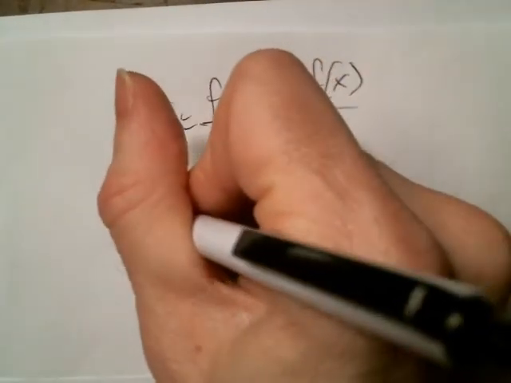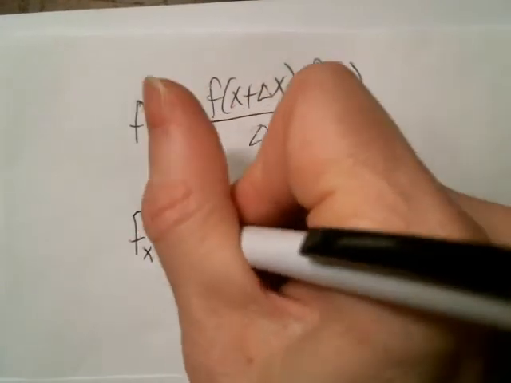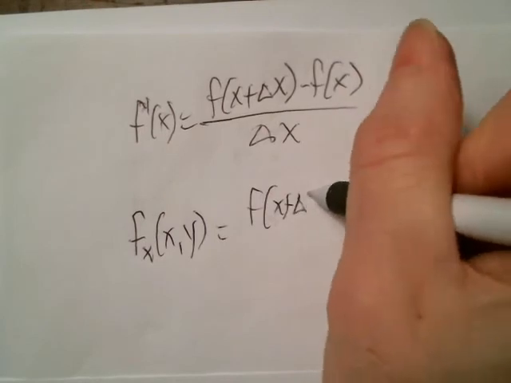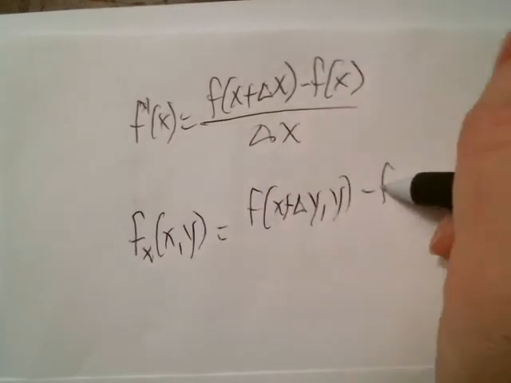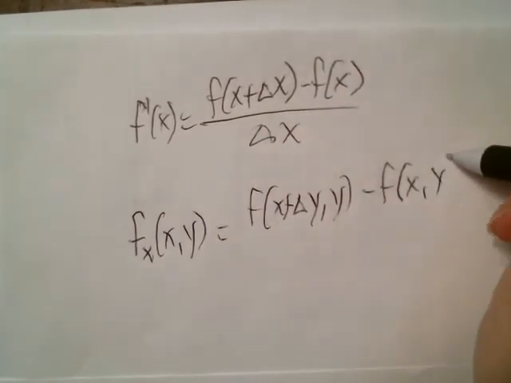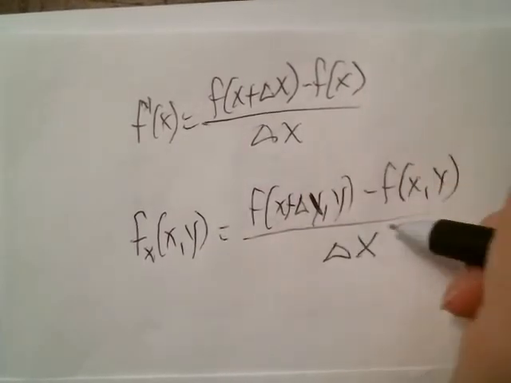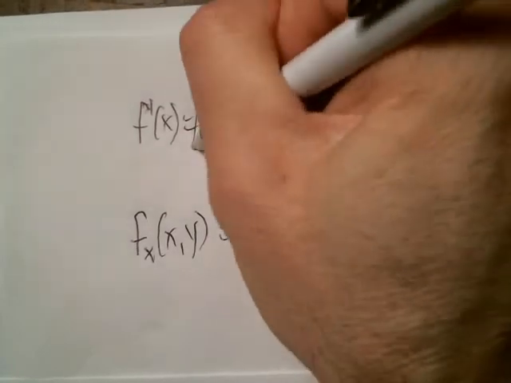Now in Calc 2, we have f with respect to x of x comma y is equal to f of x plus change in x comma y minus f of x comma y all over change in x, right? And it's the limit of these things.